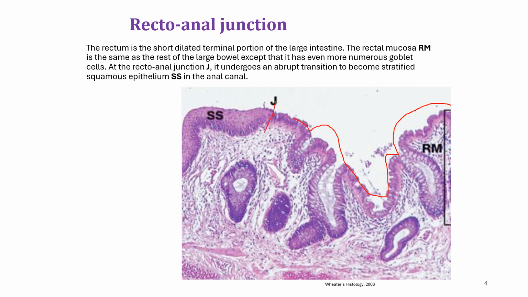And right here is actually that junction point. That's the point of change. So again, to the right side is a typical mucosa of your large intestine, then our junction point, and this is our anal area where it's SSNK epithelium, and that's for protection.